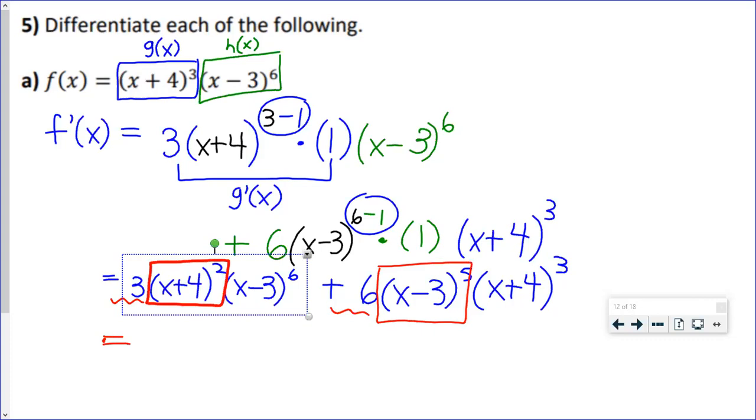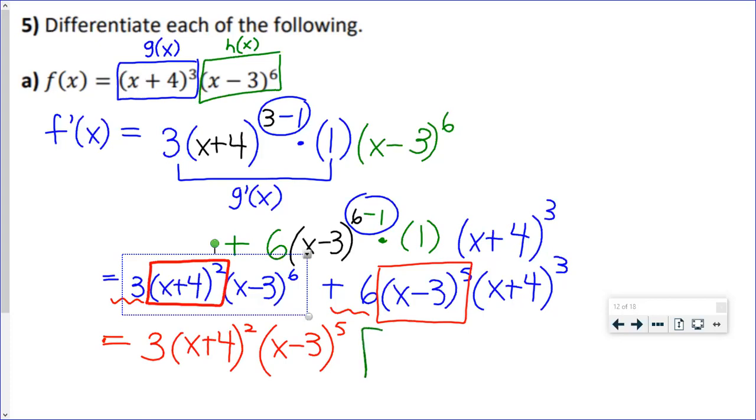So 3 and 6 have a 3 in common. I have x plus 4 to the power of 2 has the lowest exponent, and x minus 3 to the power of 5 has the lowest exponent. Now in green, I'm going to write what I like to call the leftovers, in the brackets after I take the greatest common factor out.